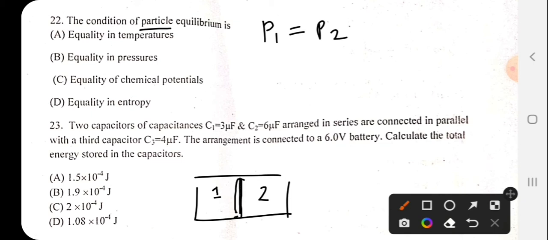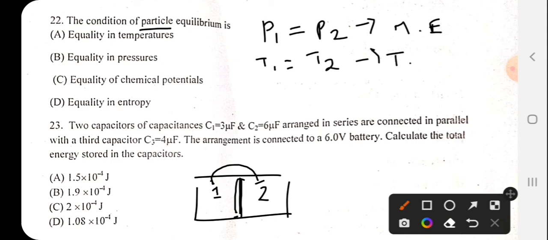So the particles from chamber number 1 to chamber number 2 can mix, and we check this type of condition. For these chambers, if pressure P1 of the particle equals P2, this is called the mechanical equilibrium. Now if the temperature of both the chambers is equal, that means if T1 equals T2, we call it thermal equilibrium.